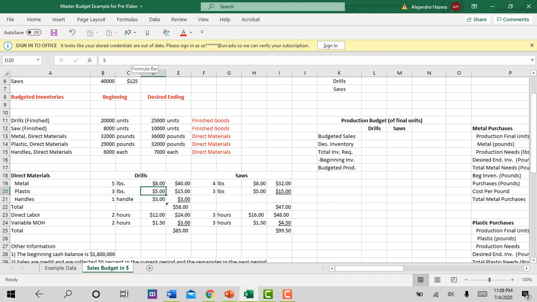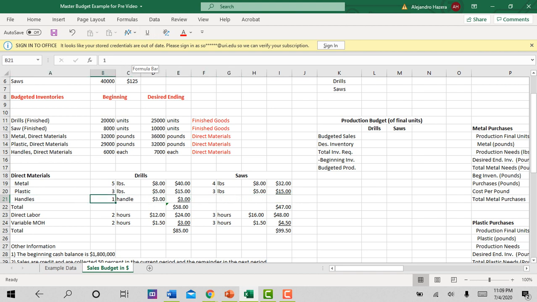Each pound of plastic costs $5, so each drill should have $15 worth of plastic in it. And the same quantities apply for saws, so the same amount of plastic that goes into drills is also the same amount and the same cost that goes into saws. So each drill and each saw takes up $15.